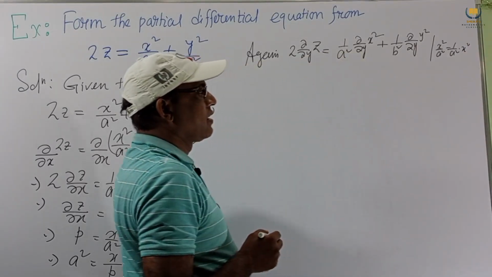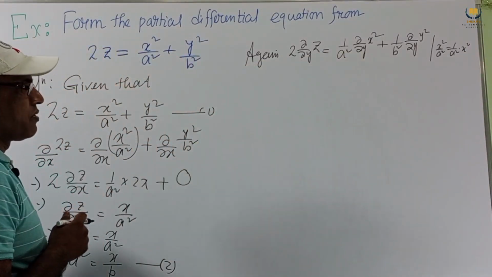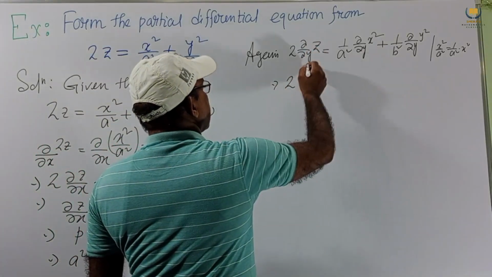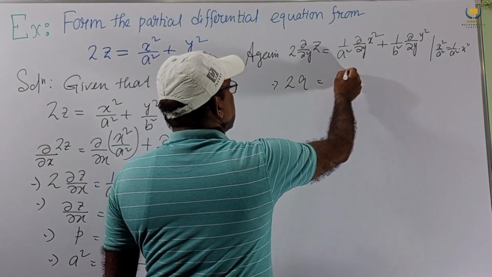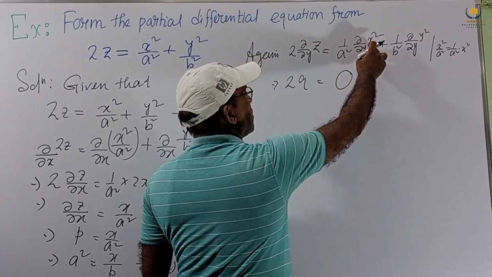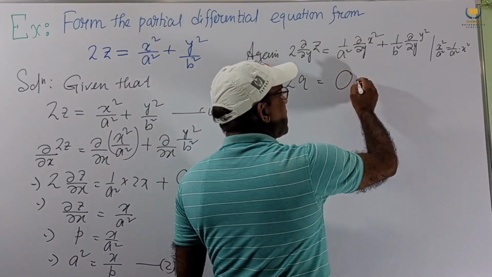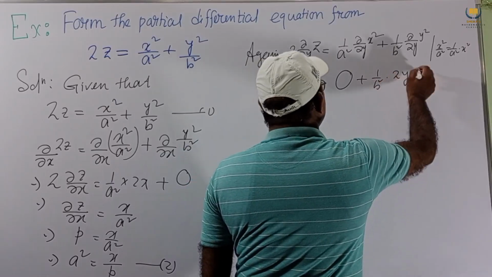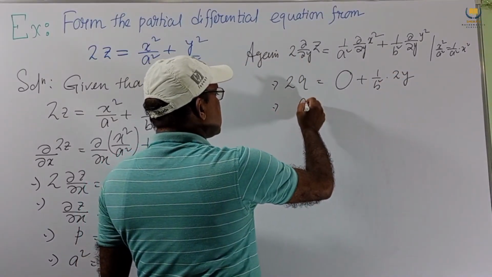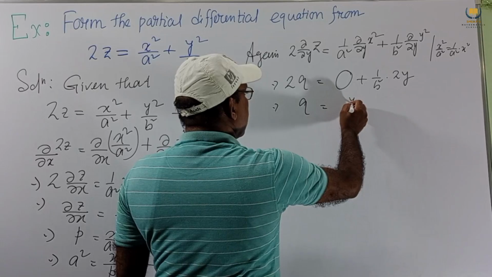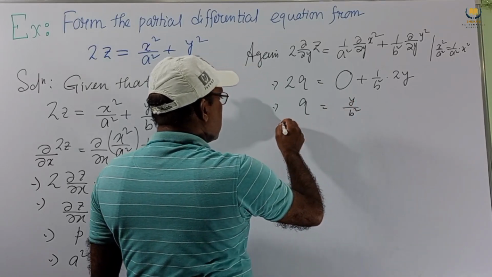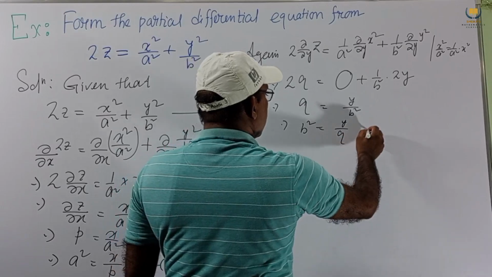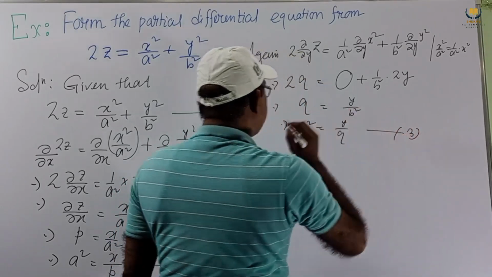So it is taken outside because 1 by a square is constant, 1 by b square is constant. This is 2 del z by del y means q. This is 0 because we differentiate partially with respect to y, and 1 by b square, this is 2y. 2 cancels, q equals y by b square. So b square equals y by q. This is number 3 we consider.